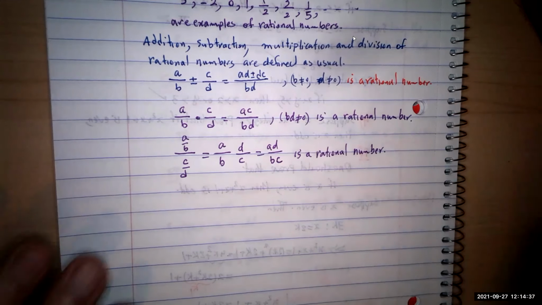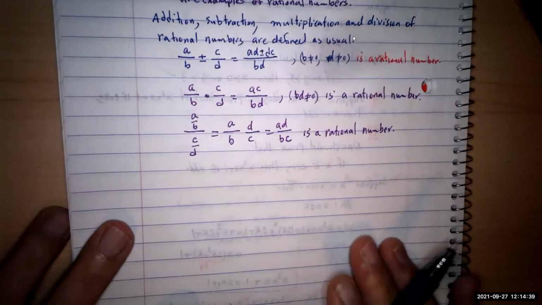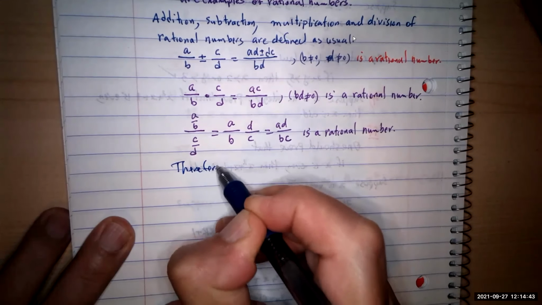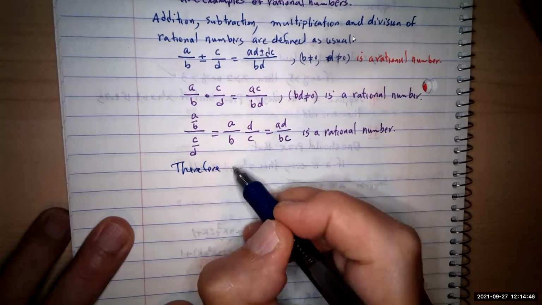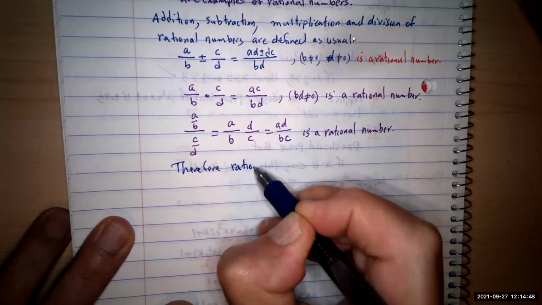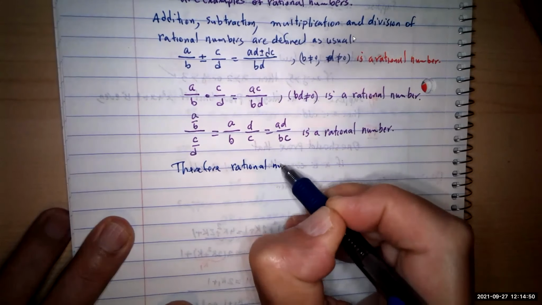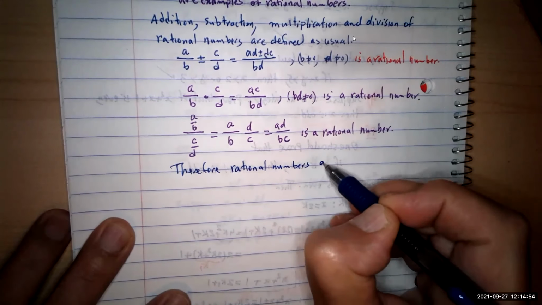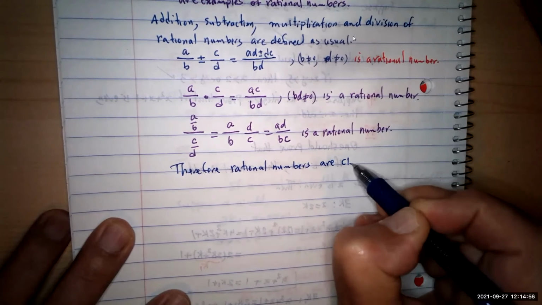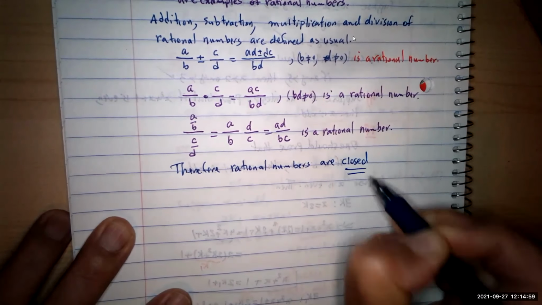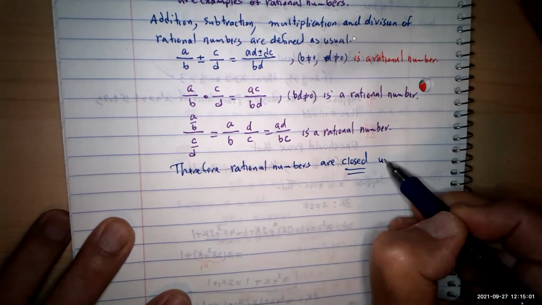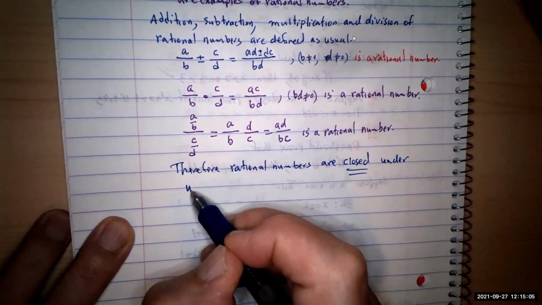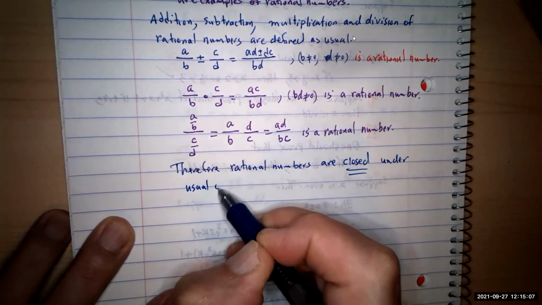So as you can see, I showed you and proved that rational numbers are closed under the usual operations.